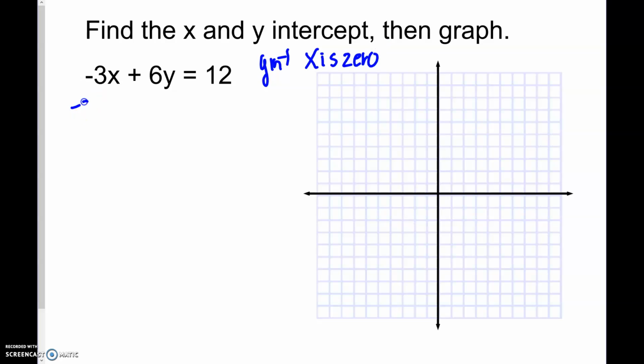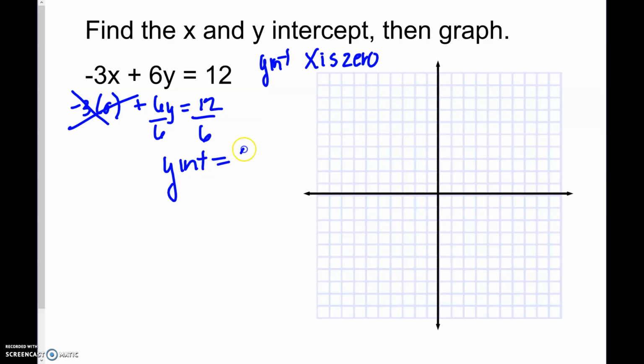So I'm going to do -3 times 0 plus 6y equals 12. So these are going to cancel out. I'm going to divide by 6. So my y-intercept is 2. So 12 divided by 6 is 2. So I put a dot here.